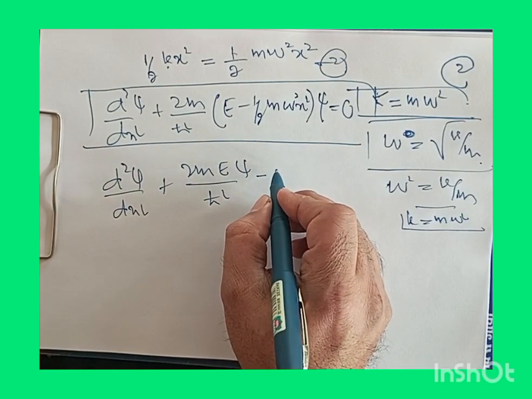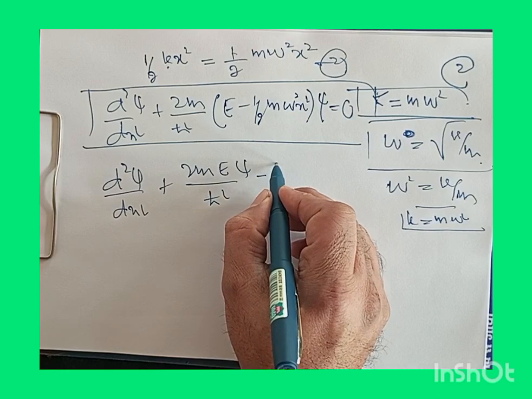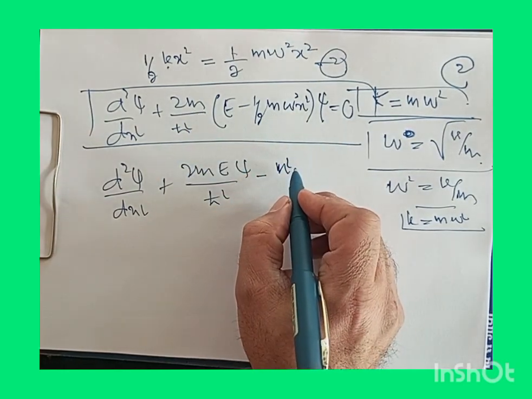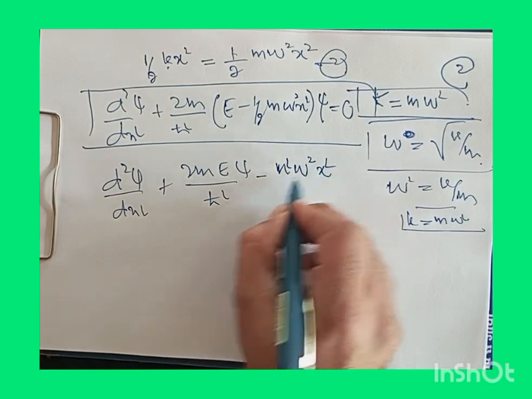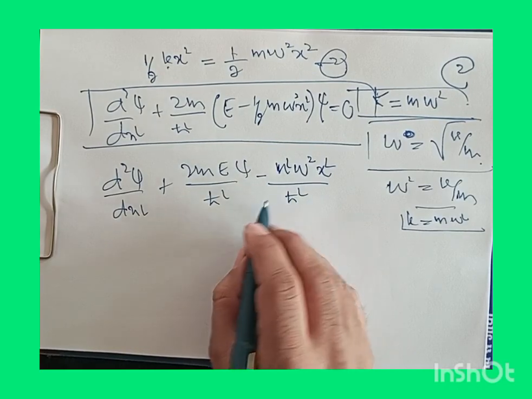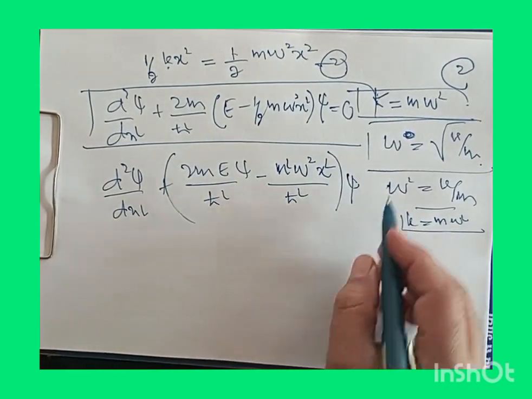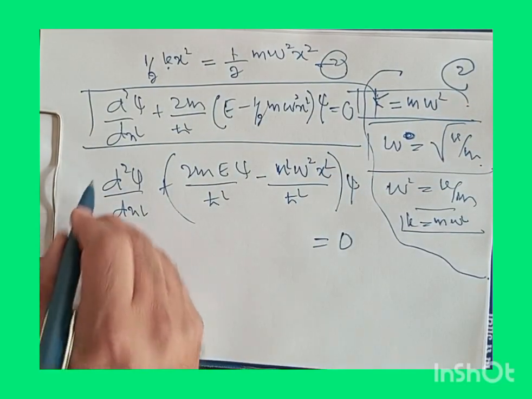We will have m square, because m and m will give me m square. Then I will have omega square x square by h cross square, in a bracket, psi, equal to 0.